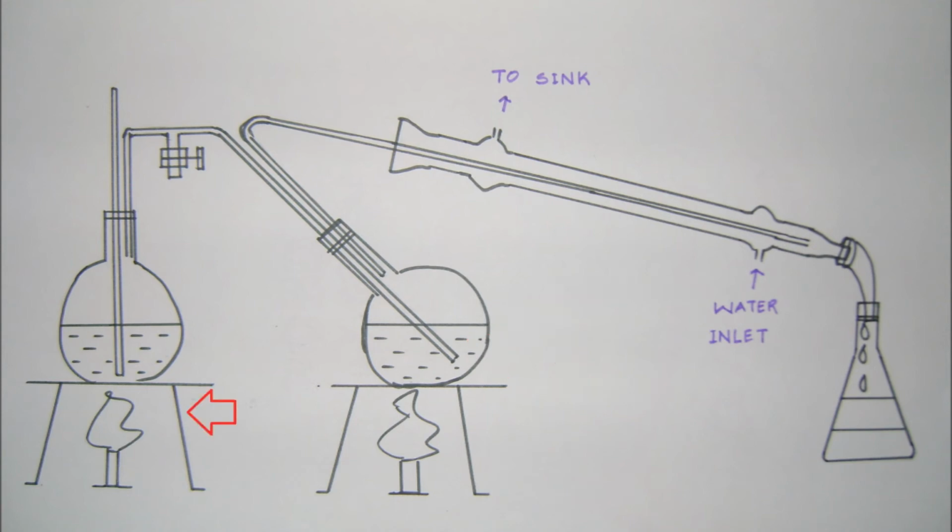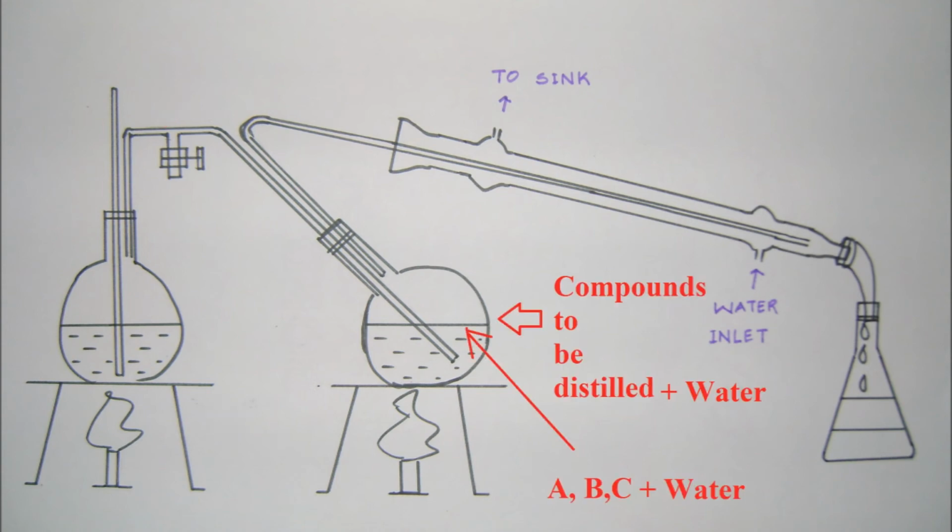So the first step will be to apply heat to the first RB containing water, so that the water vapor will move through the mouth of the first RB towards the second RB. As a result, the second RB will contain the compounds to be distilled and water, that is A, B, C and water.